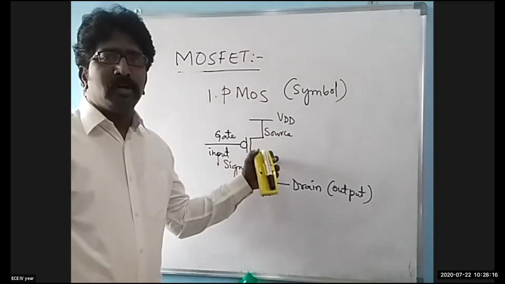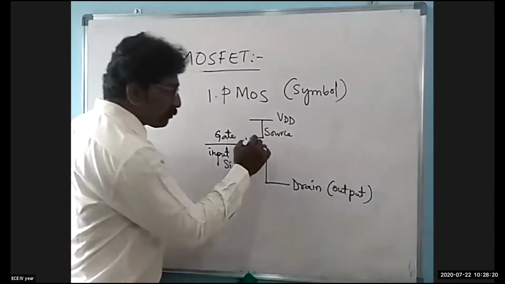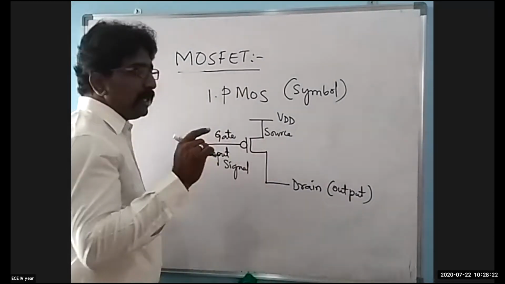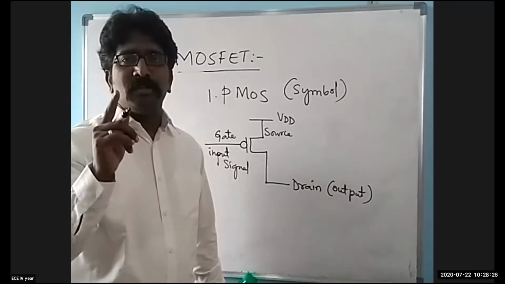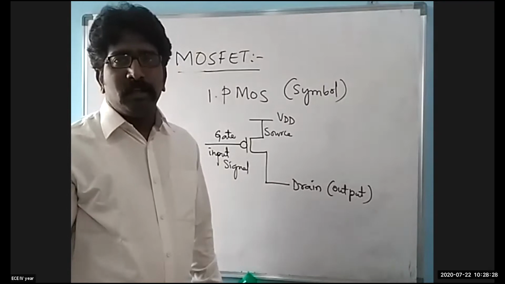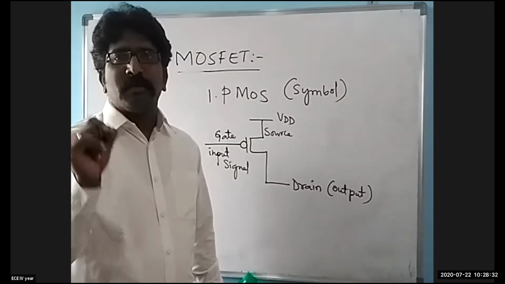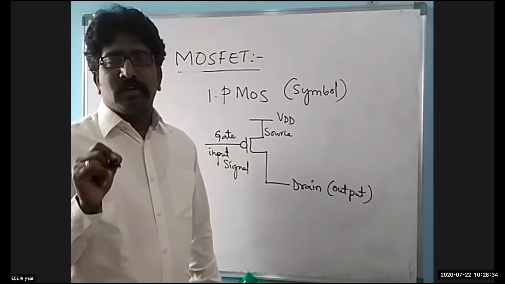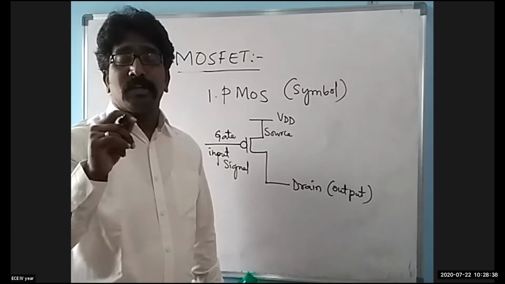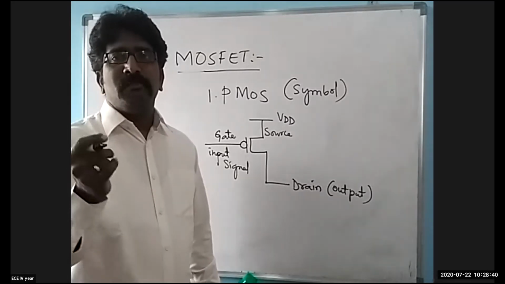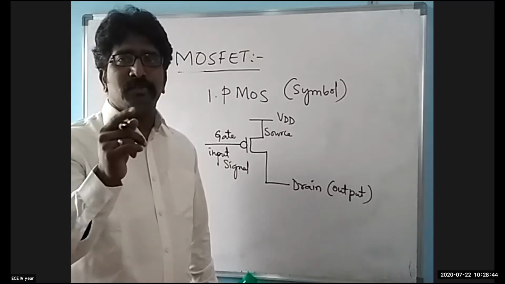Always keep in mind that the body or substrate terminal, the fourth terminal, will always be connected to the source terminal. If it's an nMOS, the substrate will be connected to the source at the bottom, and if it's a pMOS, the substrate will be connected to the source at the top.